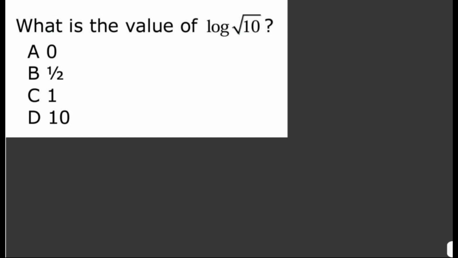What is the value of logarithm of square root of 10? So in this case, we're given a logarithm. Take note that the logarithm here is written without a base explicitly stated. Therefore, the base is considered to be the standard base for common logarithm, which is 10.